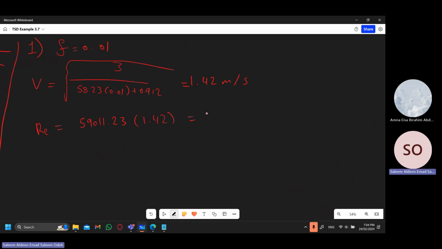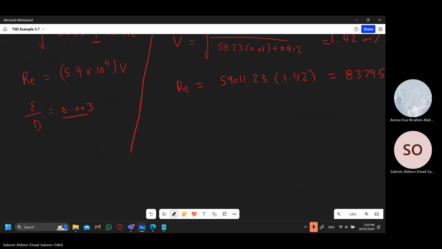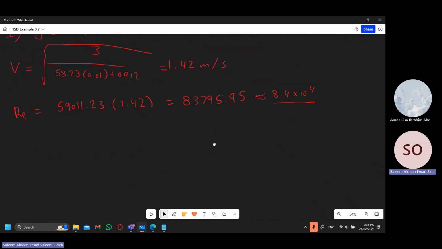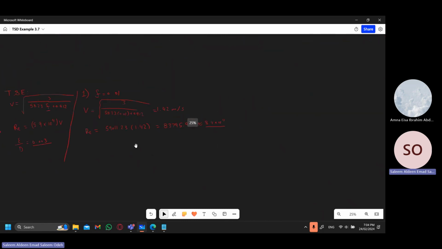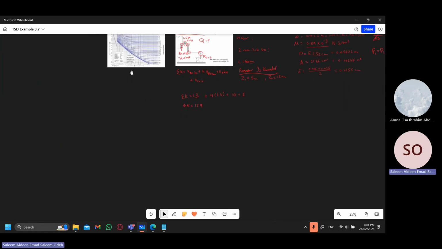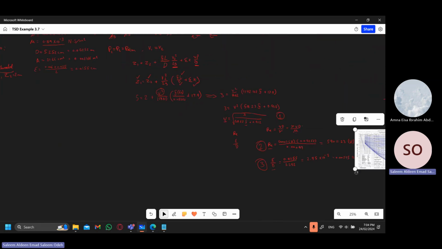And now we have a value for Reynolds number. We'll use these two values: this value for Reynolds number and this value for roughness over the diameter. And we will go over to the Moody diagram.